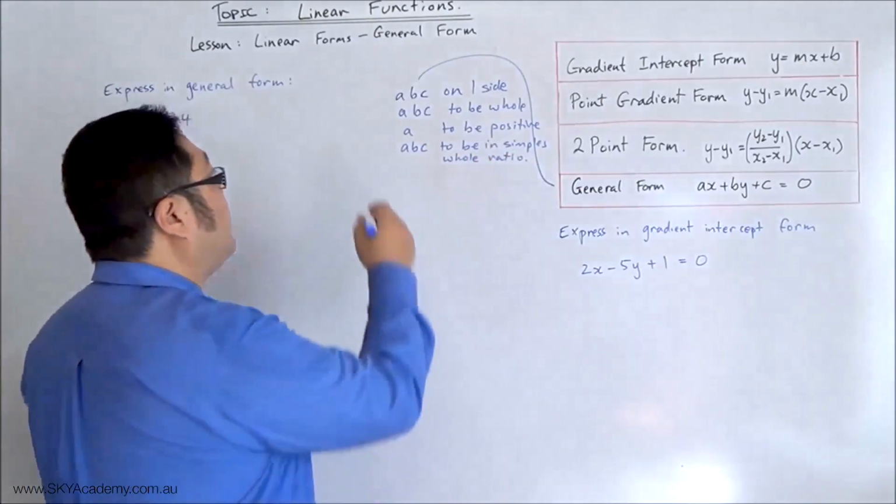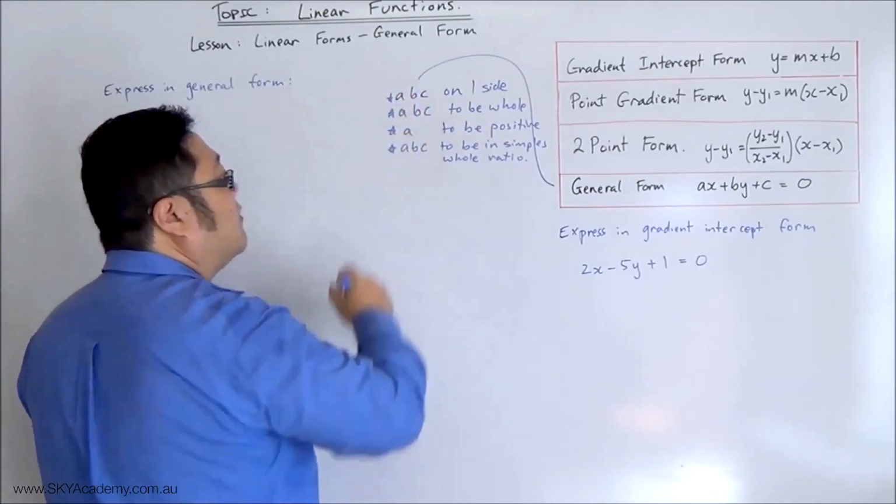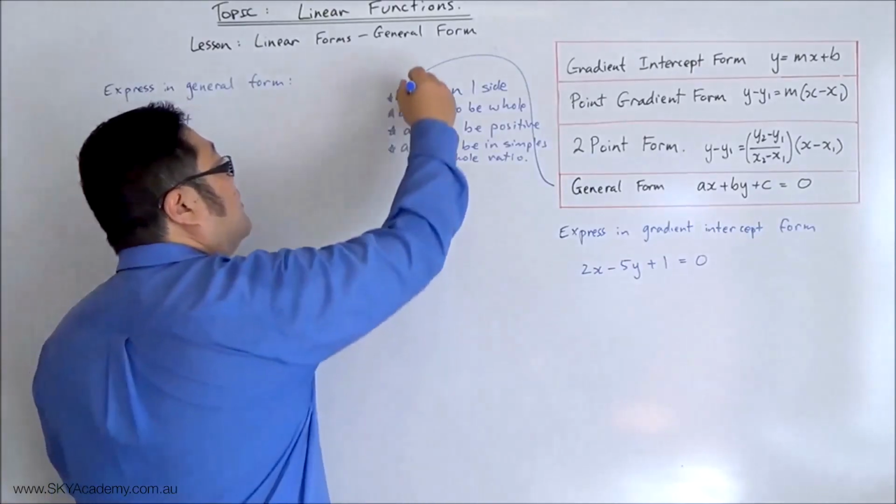So they're the four things that need to be the case for the general form to work.